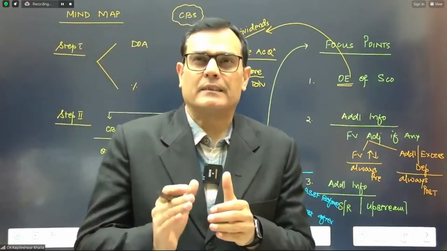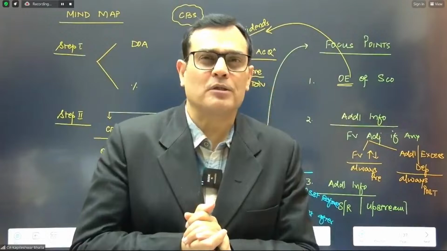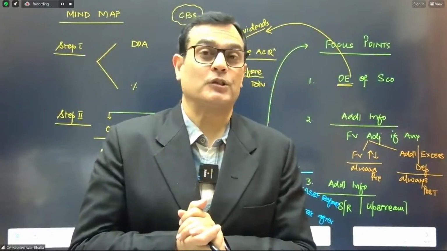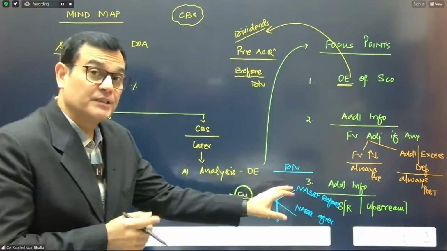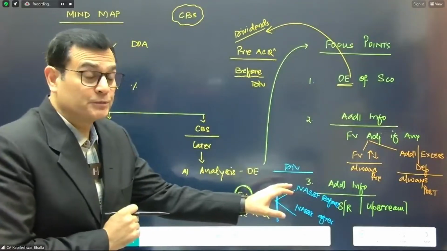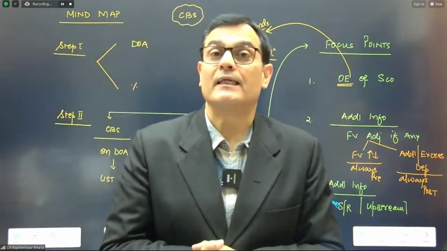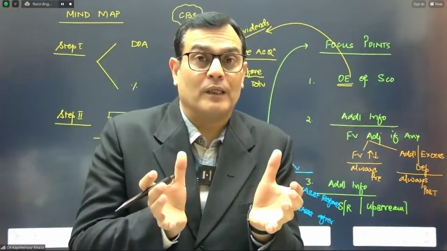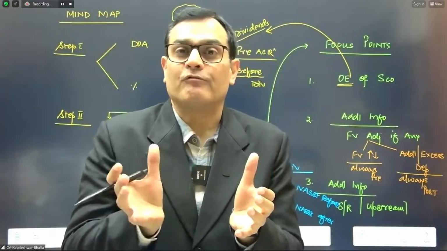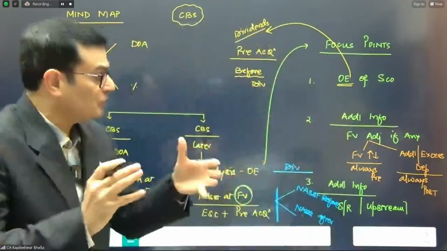The moment you see a dividend, get your focus points clear. I need two net assets on the safe side. One is the net assets without reducing dividends, which is for the goodwill calculation. And one is the net assets after dividend, which is for the NCI calculation. Focus becomes even stronger.